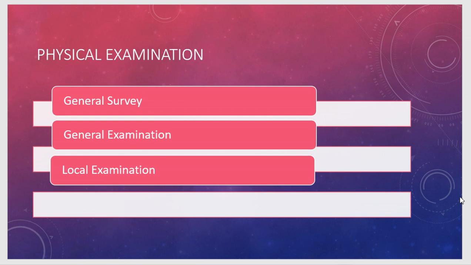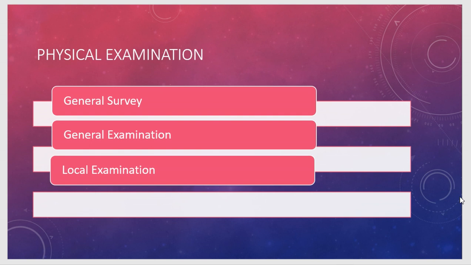So physical examination: suppose a patient is there in the outpatient department or in patient department IPD, and we have taken the history. Now to confirm and to explore other important points, this physical examination is required.